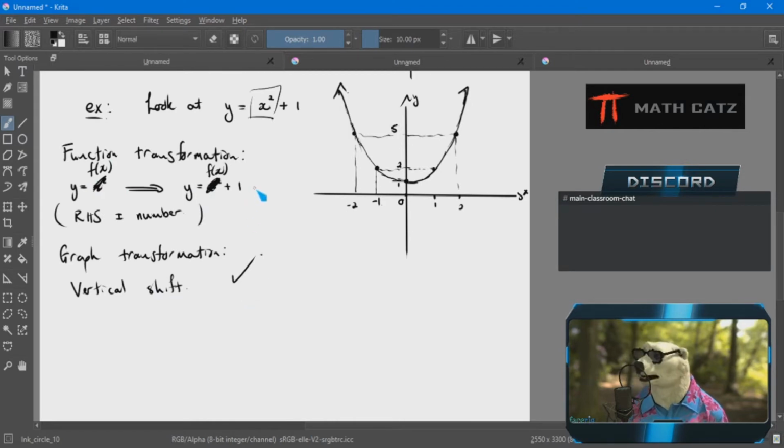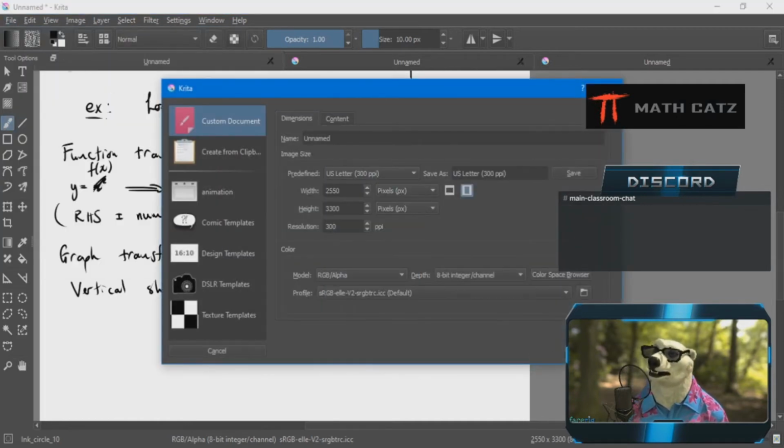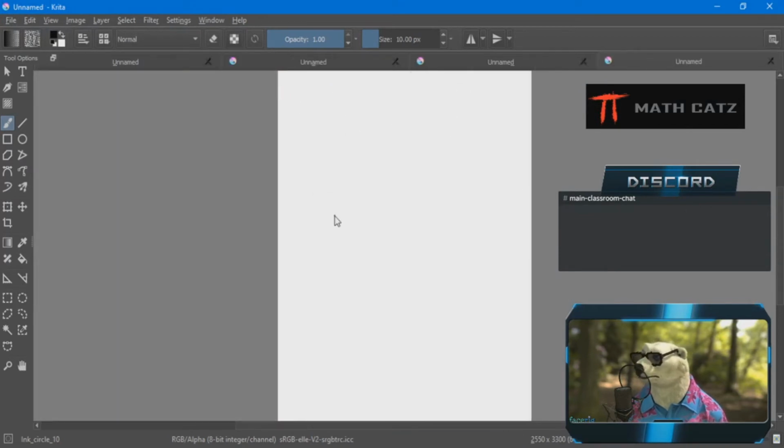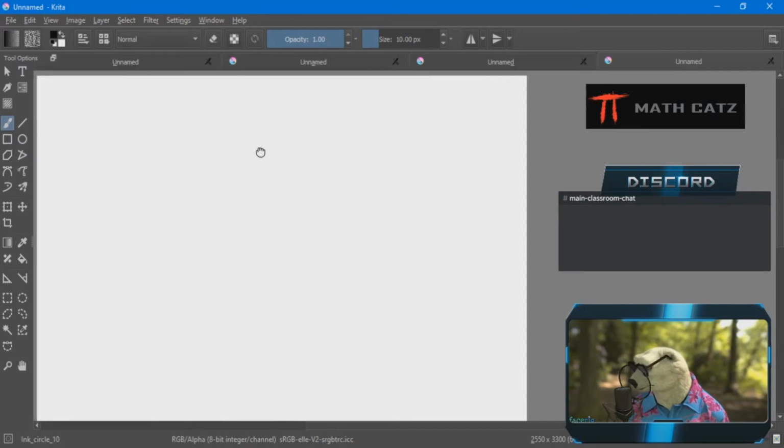It's always, if I do something to the function, then there may be a predictable change in the graph as well. All right, so let's look at how else we can change the function so that the graph is predictable.